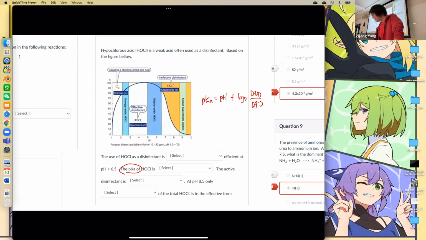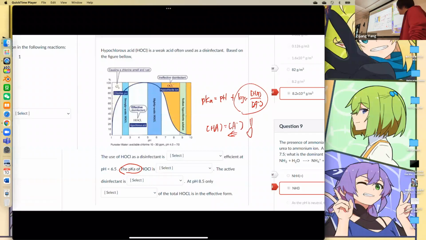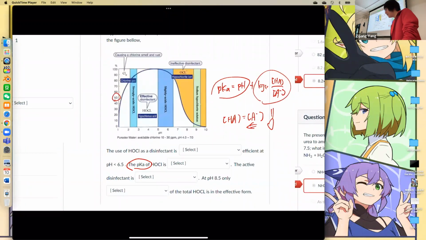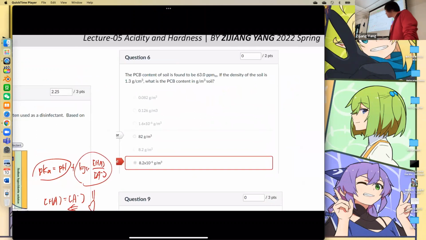When this log term equals 0, in other words, the concentration of the acid equals the concentration of its conjugate base, pKa equals the pH. So we want to find the point where we have 50% of this acid. If we go all the way over to here, we can find it is this one. So the pKa should be around 7.5, something like that.